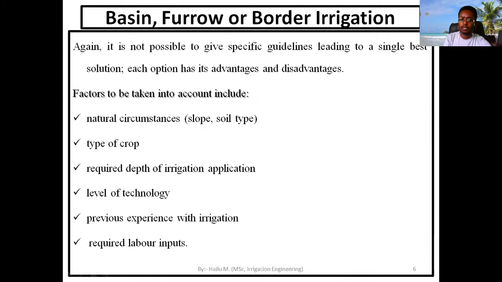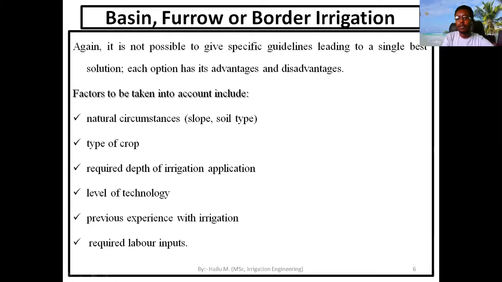When we come to surface irrigation methods, which type is the best, based on our local conditions? Is it basin, furrow, or border irrigation? Again, it is not possible to give specific guidelines leading to a single best solution. Each option has its own advantages and disadvantages.